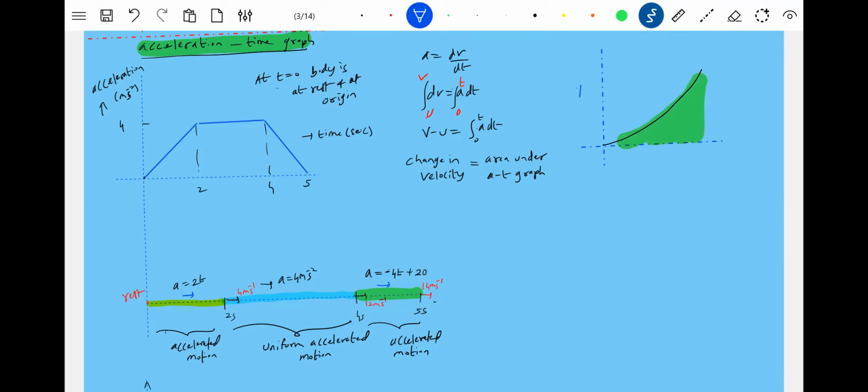So this is the acceleration time graph. What is that dt? The dt is this one. So a dt is the area of the strip. Such strips, if you add up, you'll get the area under the curve.